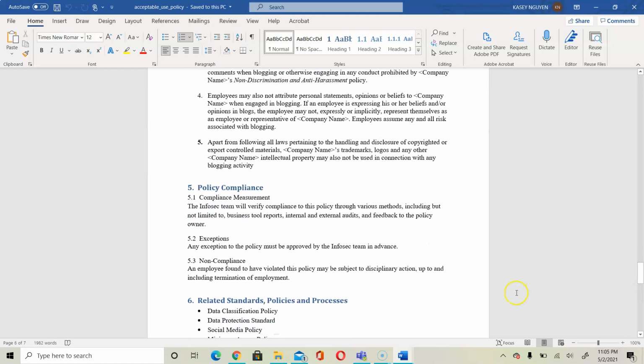Then in the next area, you would see that there would be policy compliance, for reporting purposes, auditing purposes, and so on.